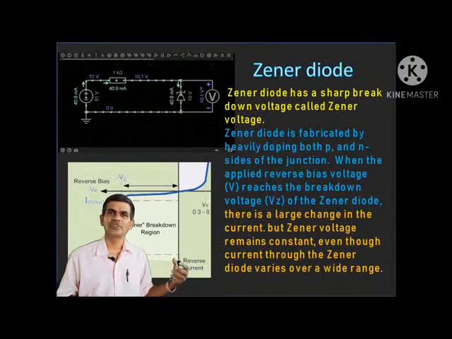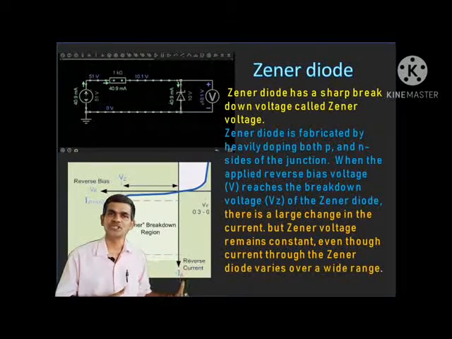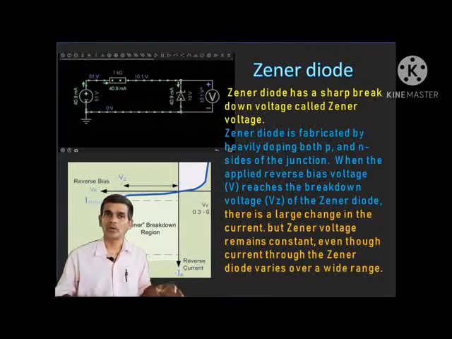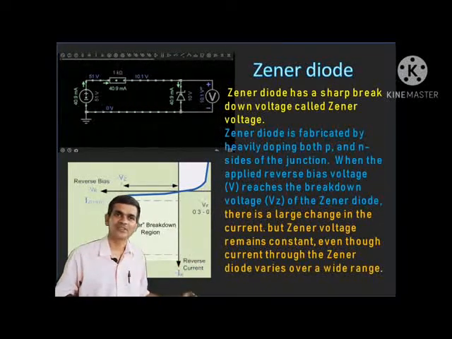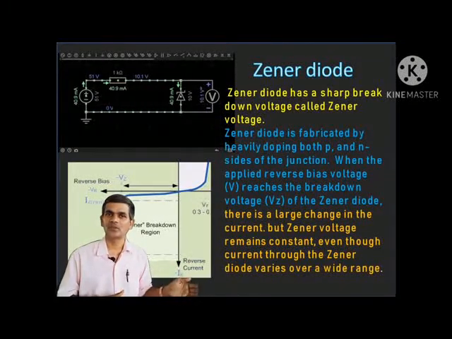A Zener diode is fabricated with heavily doped P and N side junctions, and a reverse bias voltage is applied. When V reaches the breakdown voltage Vz of the Zener, then during this breakdown, for a large change in current, the voltage remains constant. Even if the current increases to a large extent, the voltage does not increase beyond this Zener voltage.